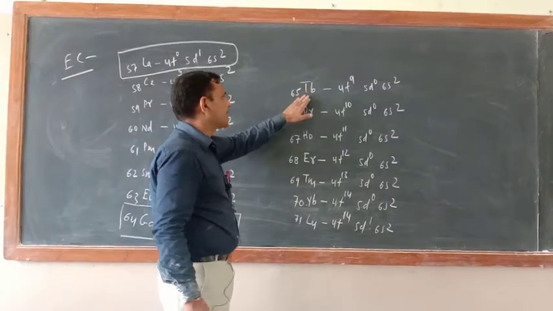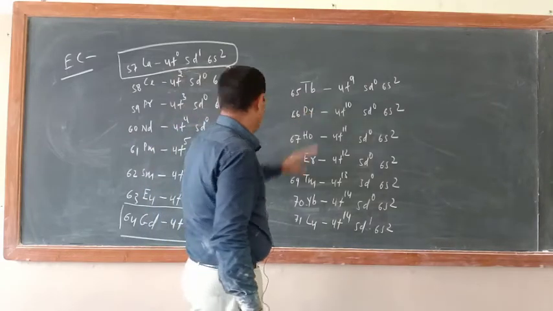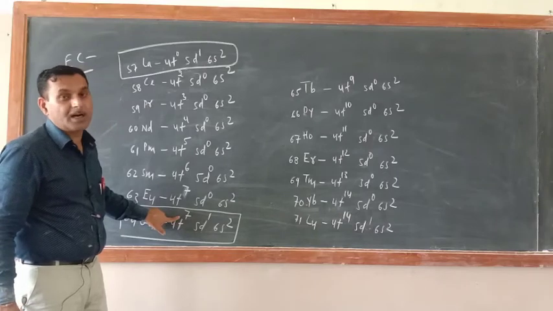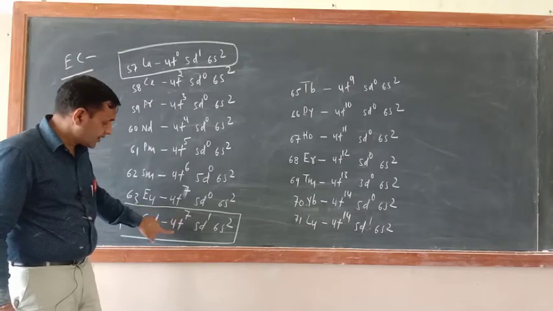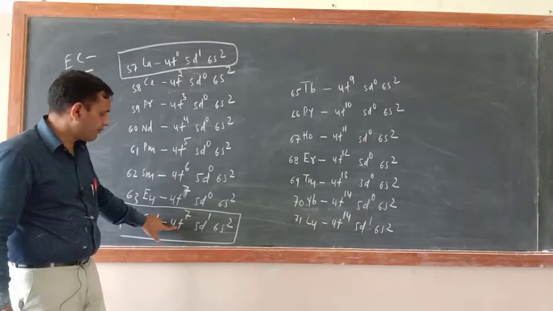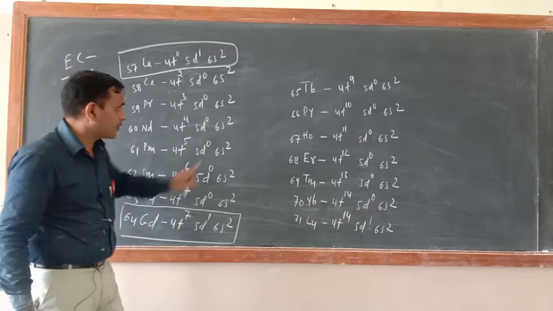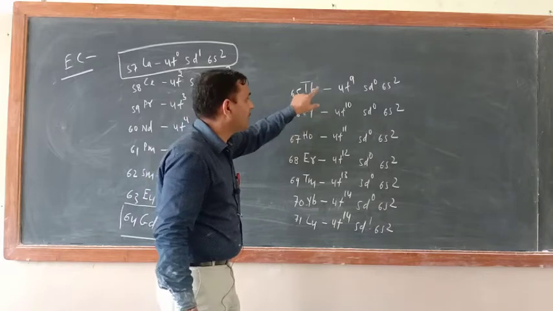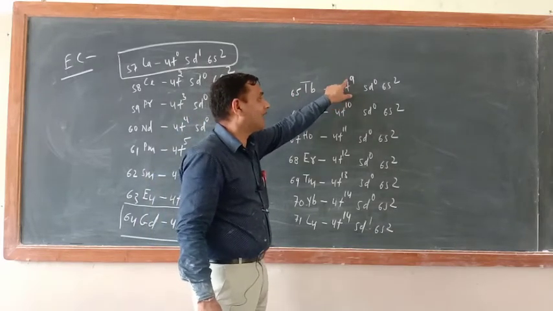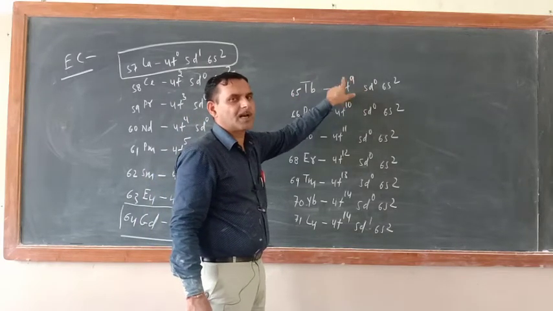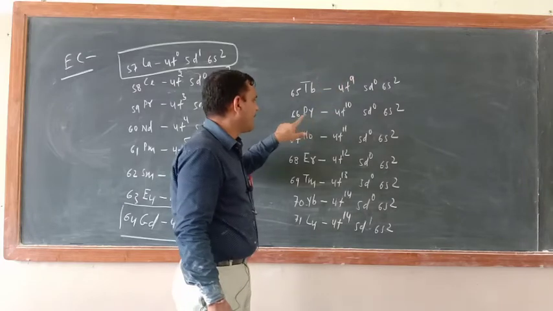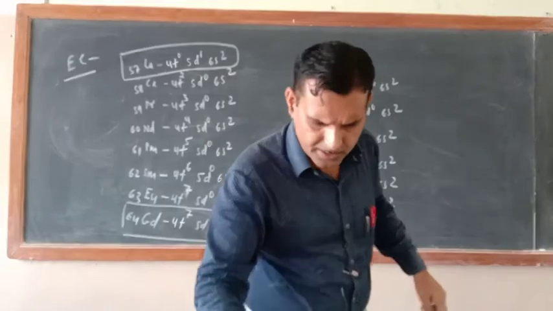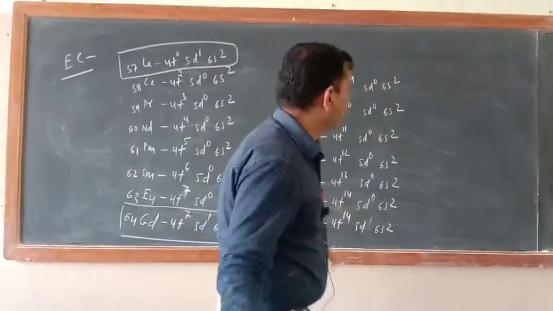Now this is terbium. Just see, from 7 it has directly reached 9, because this is 64, now this is 65, so one electron will be added, so it would have been 4f8, but one electron of this has already been shifted. Now this is dysprosium.